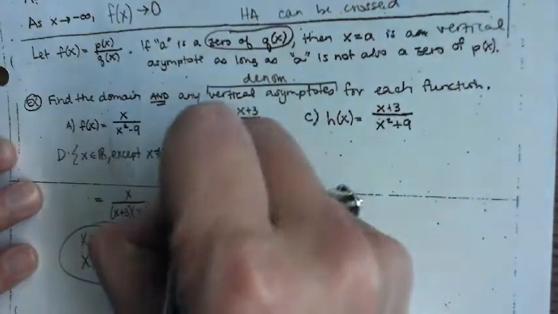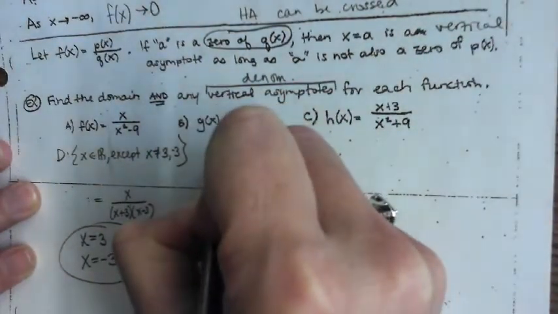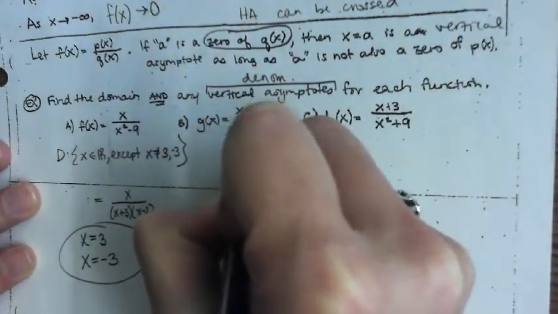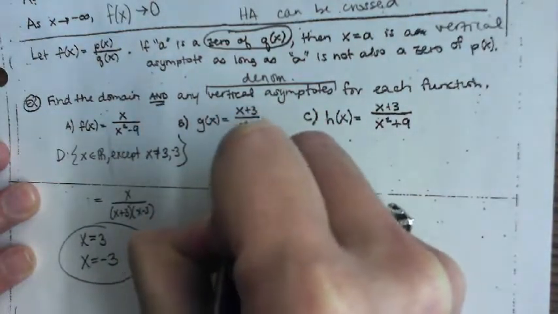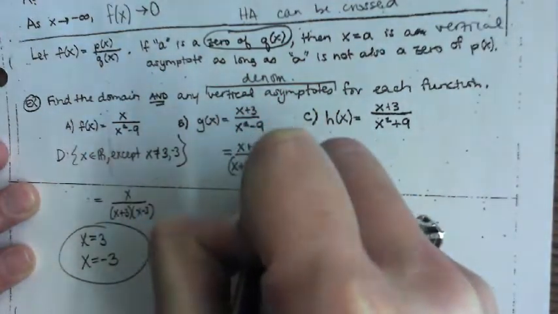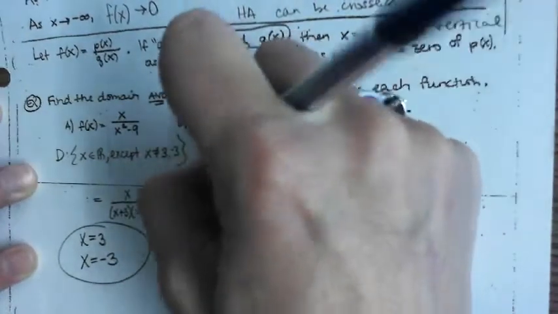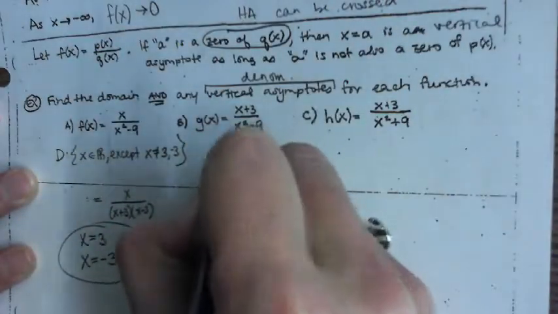On B, here's the deal. This function is one of those that's going to be that unique case.